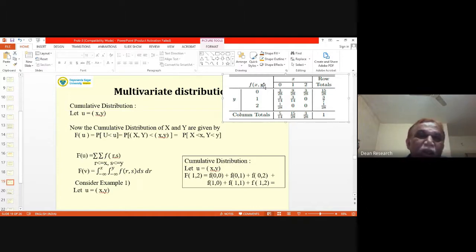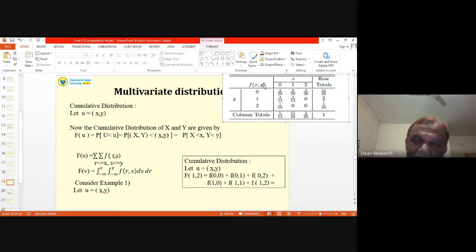Now, with u being given, in the case of a single variable, suppose you had f of x as the PMF or PDF. You defined capital F of x to be either a summation in the case of a discrete random variable, or an integral in the case of a continuous random variable.